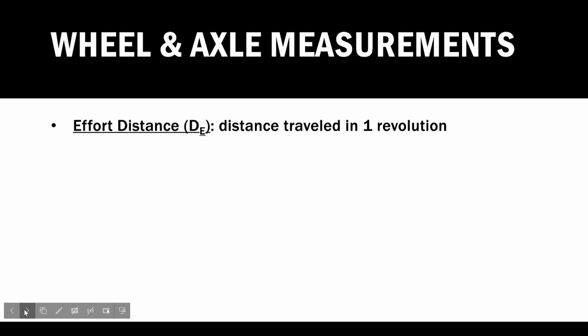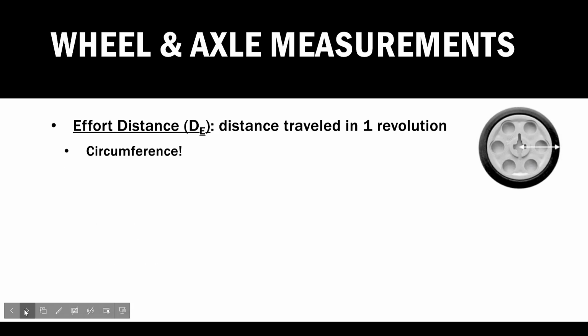So we've already talked about the 4 measurements for simple machines, and we're going to talk about them again in terms of a wheel and axle. For a wheel and axle, the effort distance is the distance traveled in 1 revolution. It doesn't matter if it's the wheel or the axle. They're traveling in a circular pattern. So 1 revolution is 1 time around. What's 1 time around a circle?